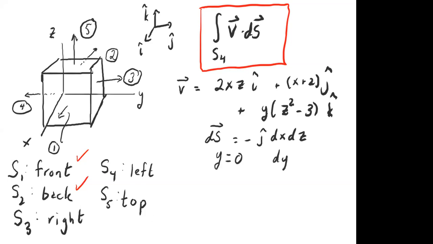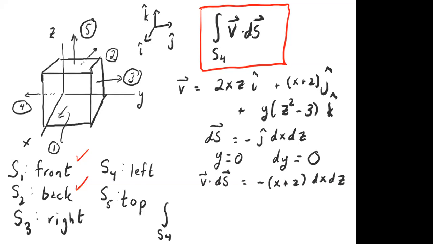That means that dy is 0. So all you have to do is take the dot product of the vector v with the differential surface element ds along surface 4, and that turns out to be minus x plus 2 dx dz, and now you're good to go.